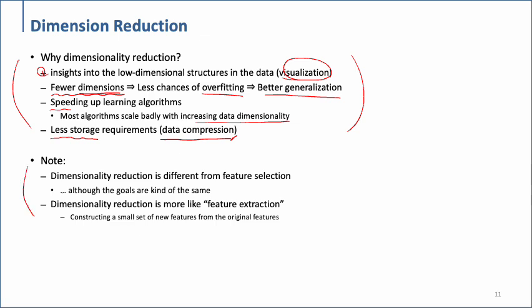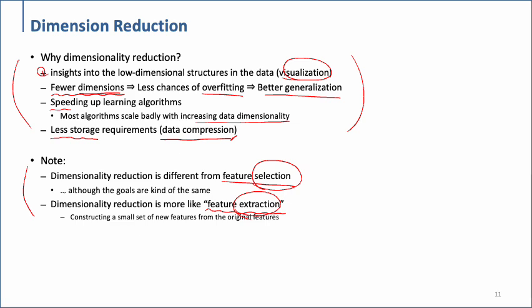And you should note that dimension reduction is different from feature selection, and dimension reduction is more like feature extraction. The difference between feature selection and feature extraction is like this.